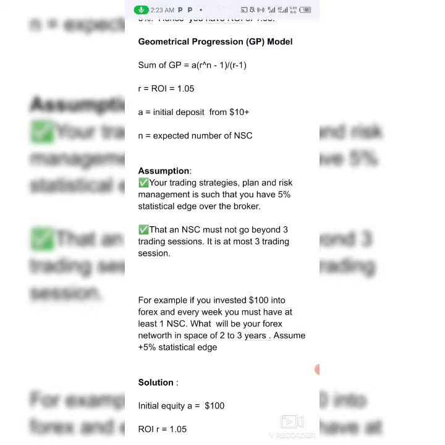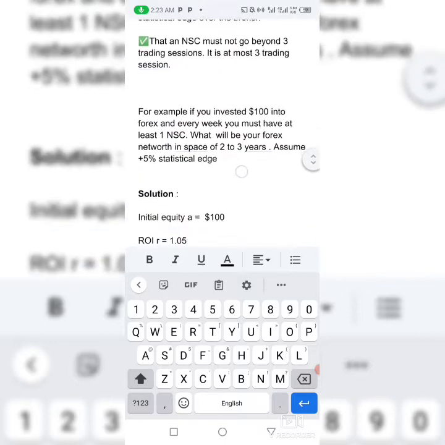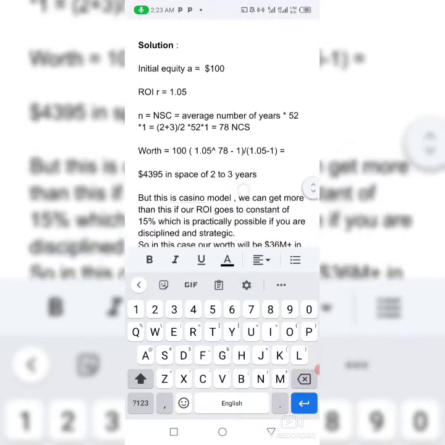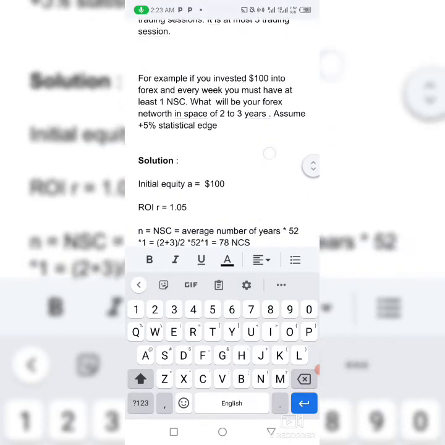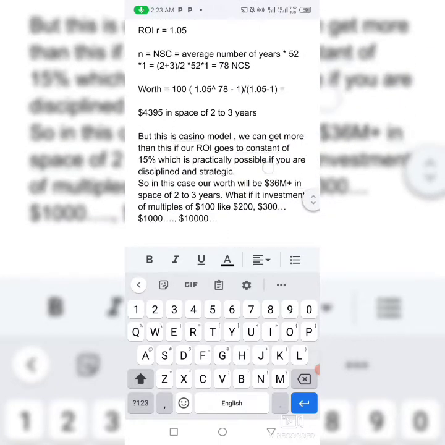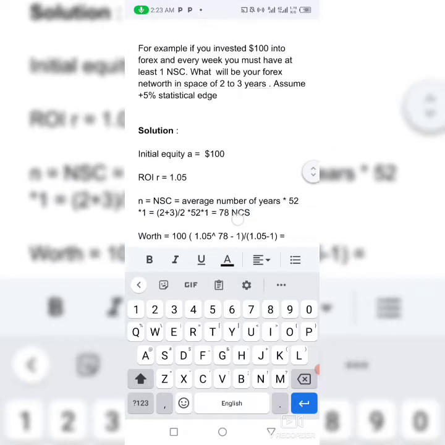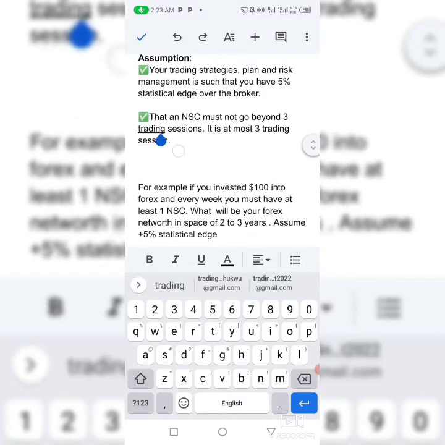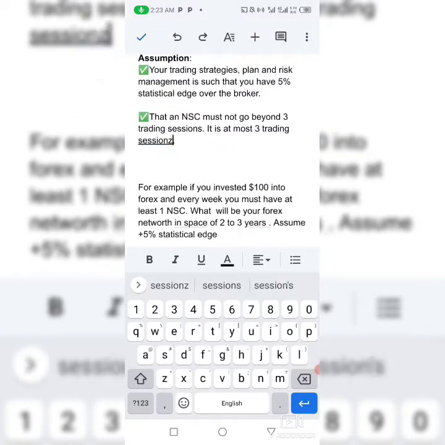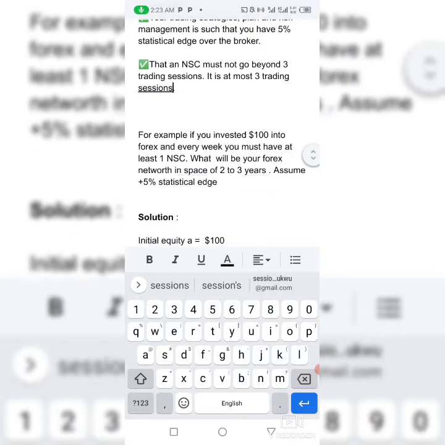It is at most 3 trading sessions, meaning that if you lose on the first trading session and then you lose on the second trading session, you should not lose on the third trading session. At least you shouldn't lose 3 trades in a row.